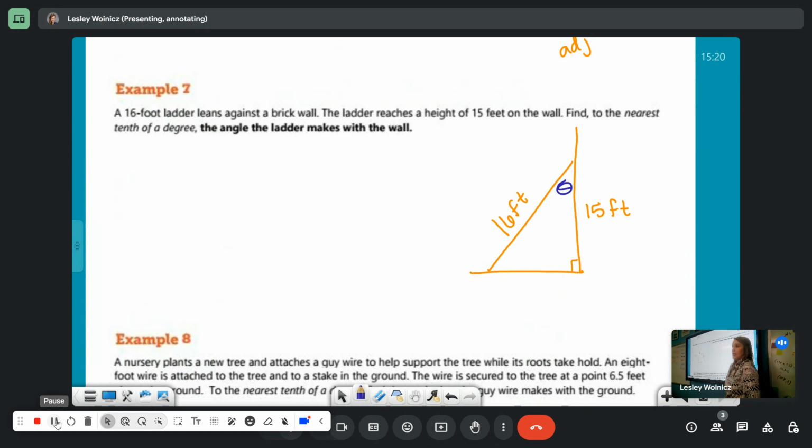So we just have to read. Just got to be careful. Okay, so what is the 16? Hypotenuse. What is the 15? Adjacent.